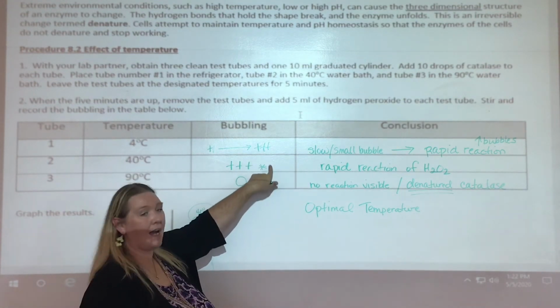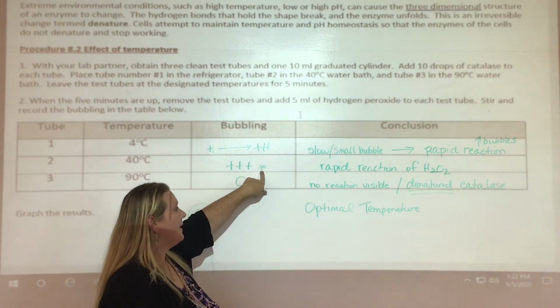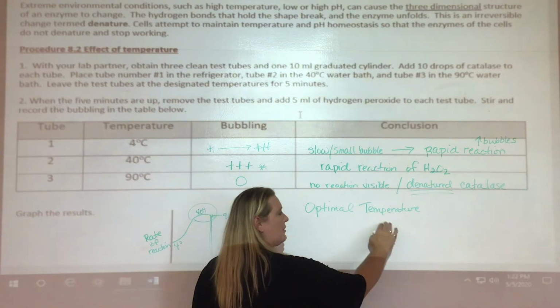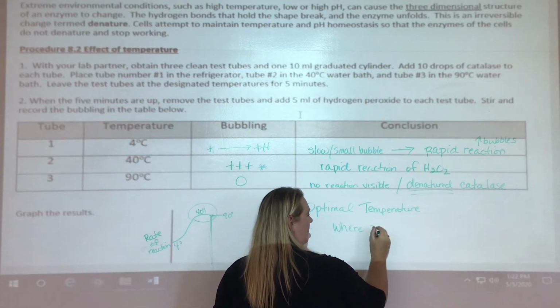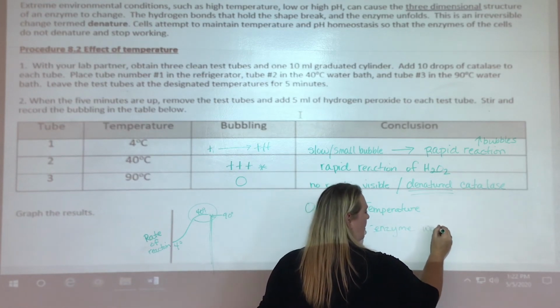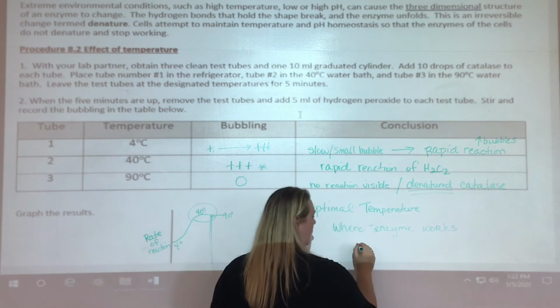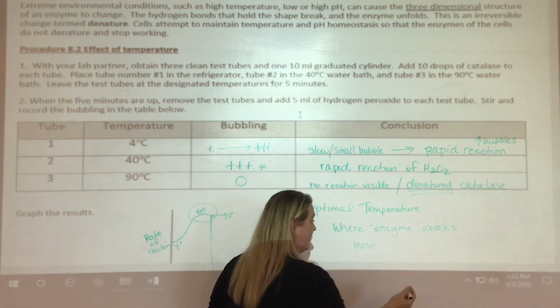And as this one got to about the same temperature after sitting here for a while, right, it's doing about the same. So optimal temperature is where that enzyme works most effectively or most efficiently or works the best.